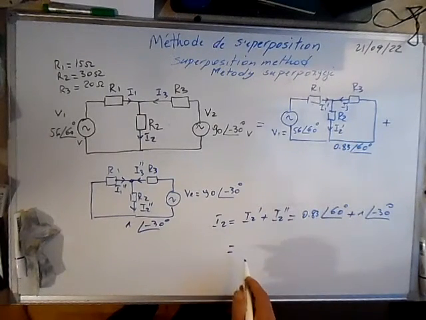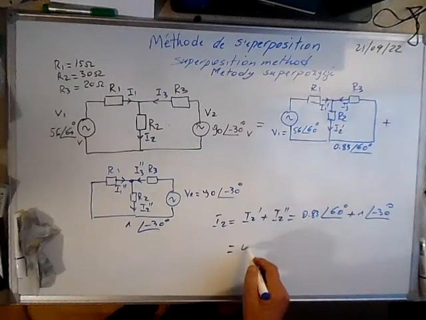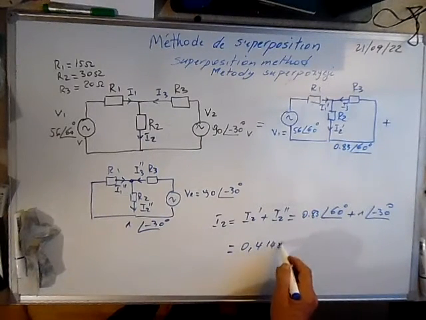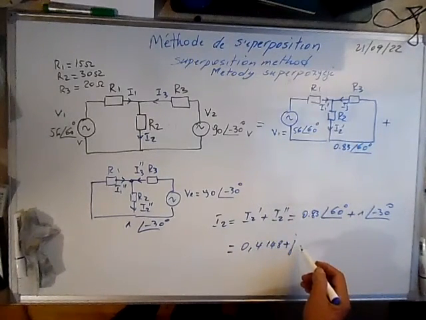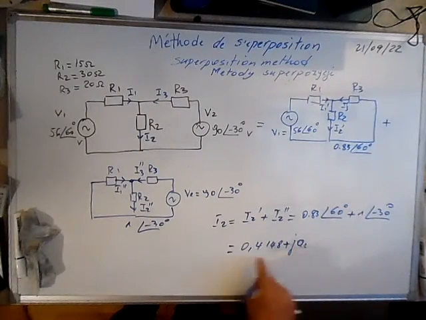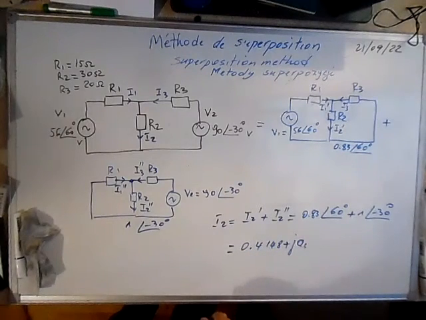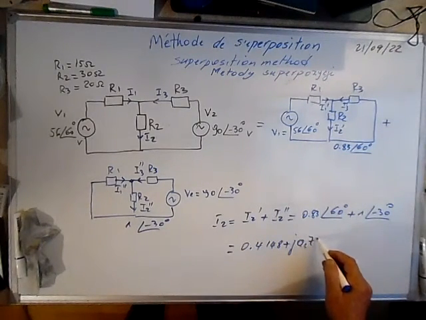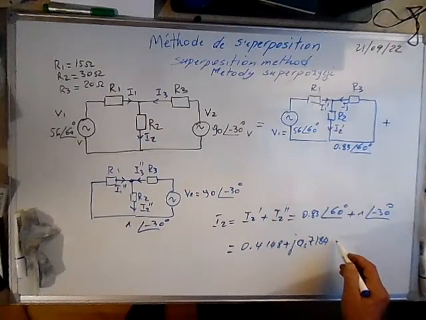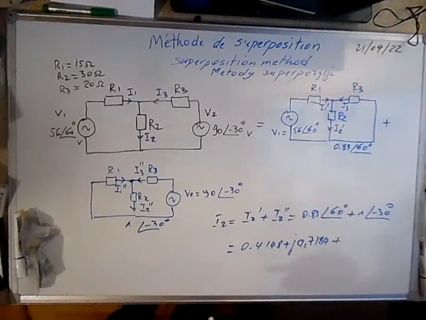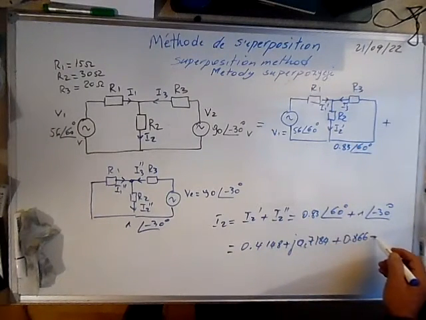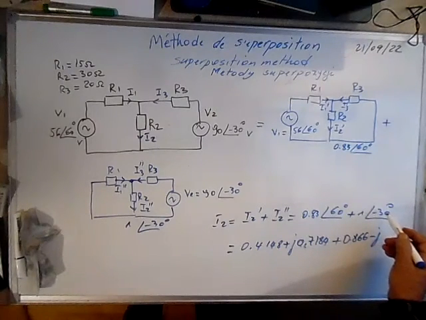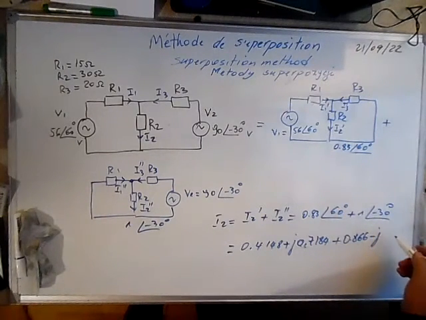This is equal to 0.4148 plus j times 0.7184, plus 0.866 minus j times 0.5, since sine of 30 is half.